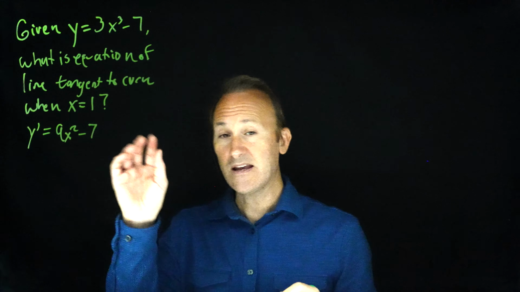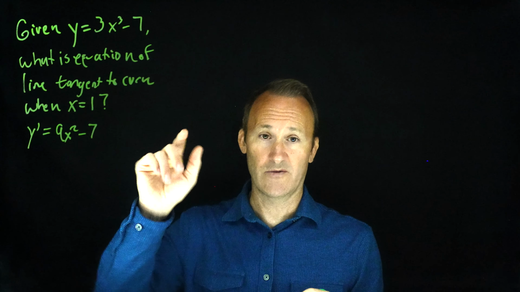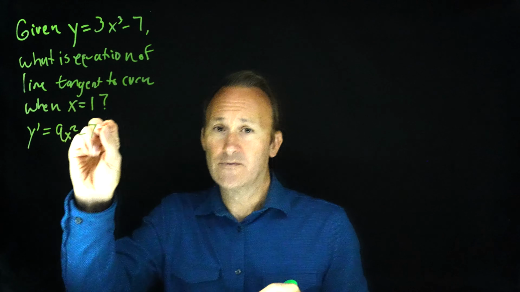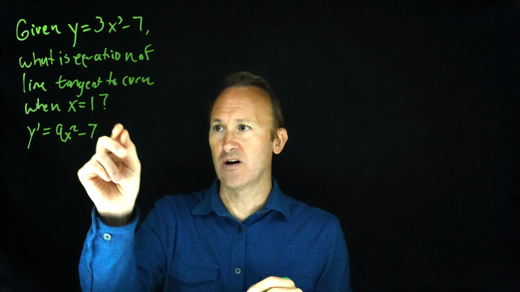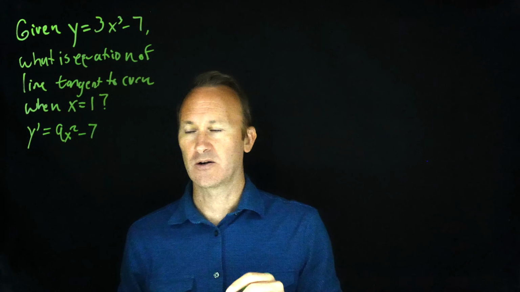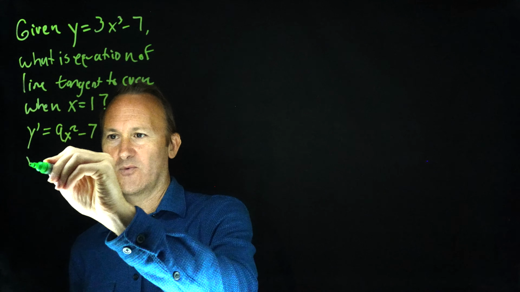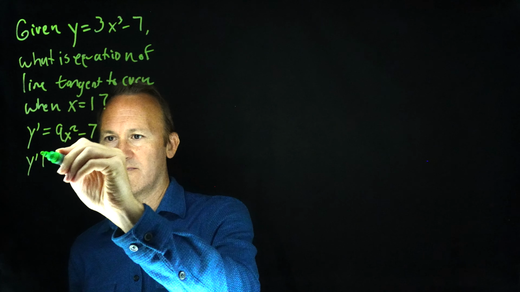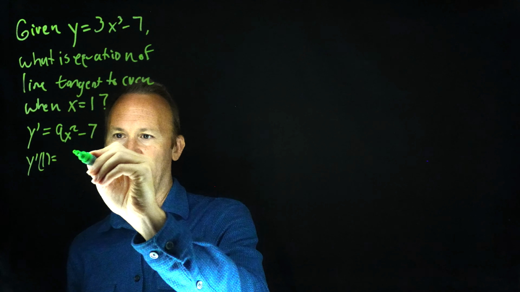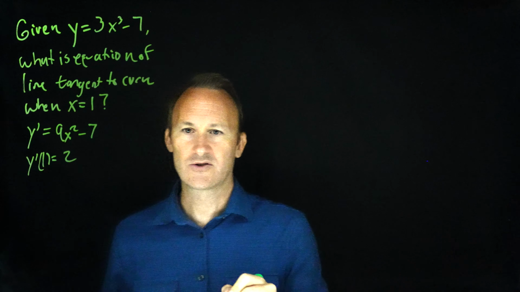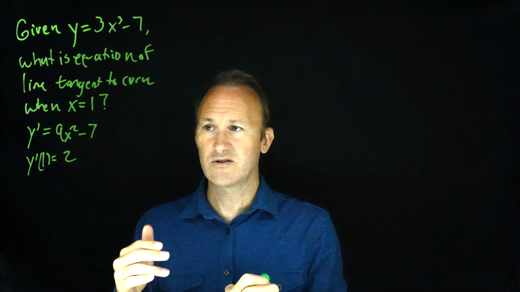Now, that gives us the tangent to this curve at every point. For this specific case, we want to know when x is 1. Okay, and so when x is 1, y prime of 1 equals 9 minus 7, which is 2. So the slope at the point 1 is 2.